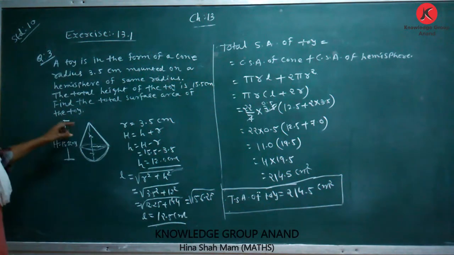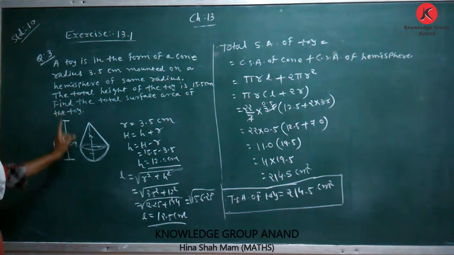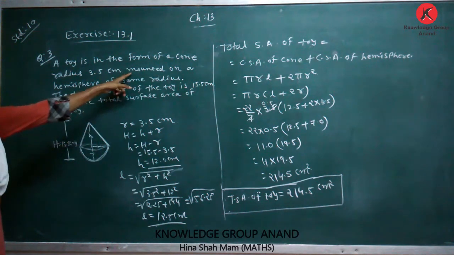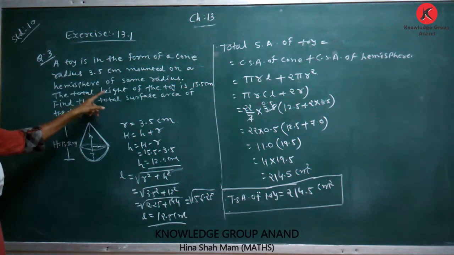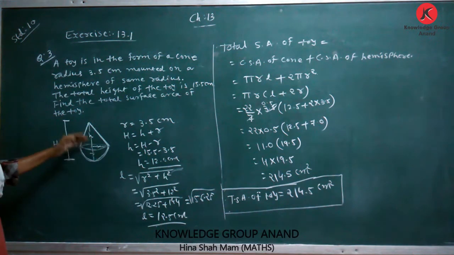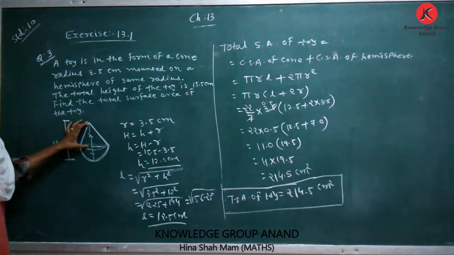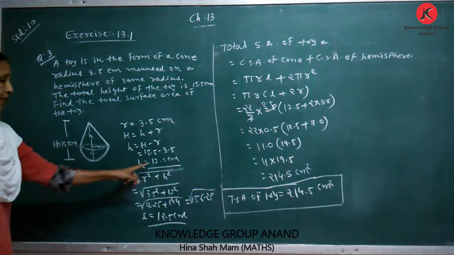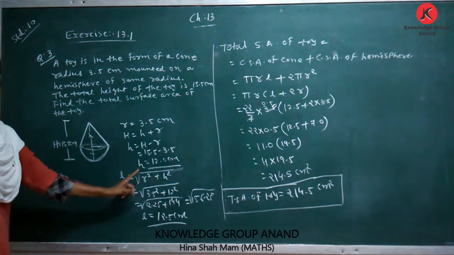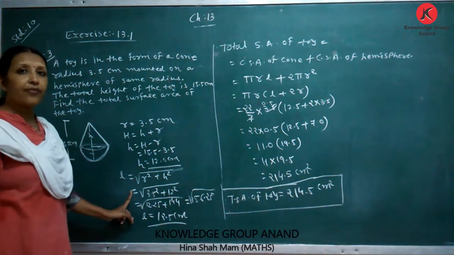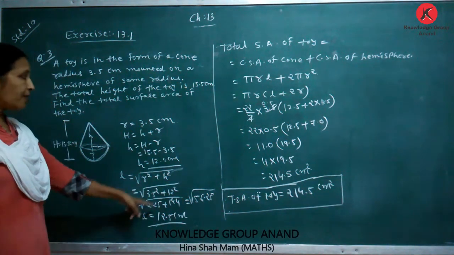Okay. The toy is in the form of a cone mounted on a hemisphere of the same radius. Total height is equal to 15.5, radius is equal to 3.5. Then we find the height of the cone. Height of cone is equal to 12 centimeter, and then the slant length of the cone is equal to 12.5.